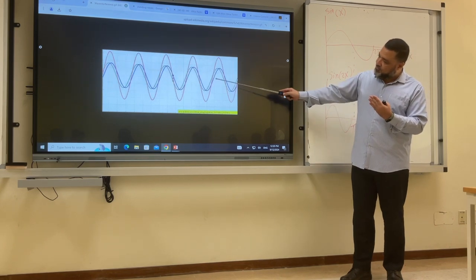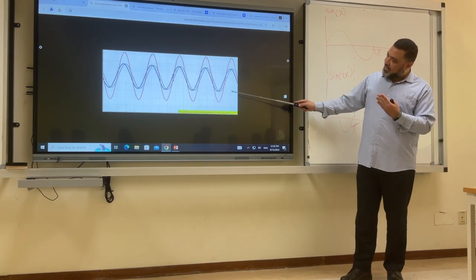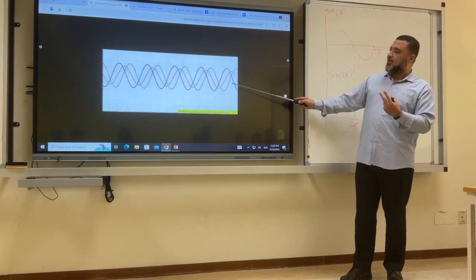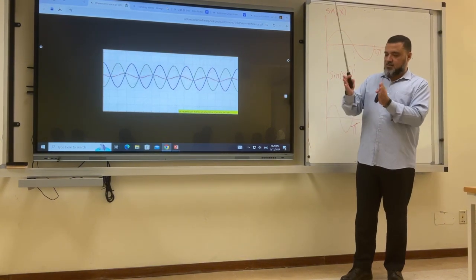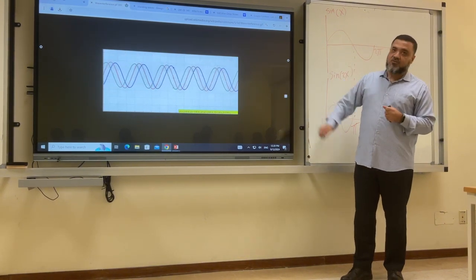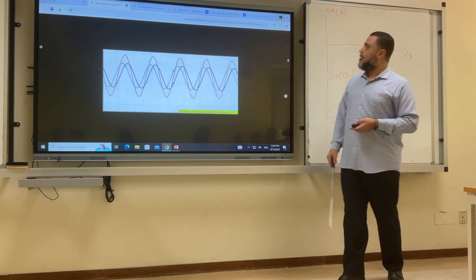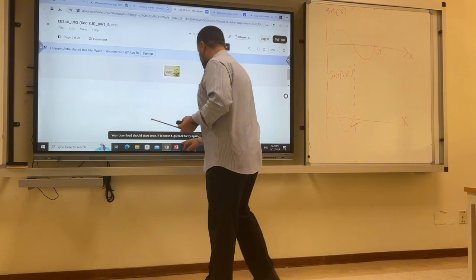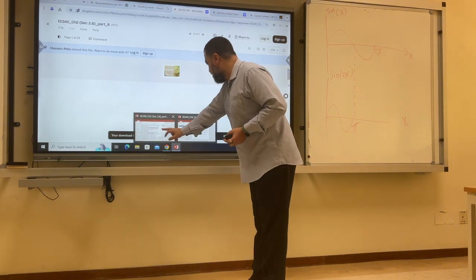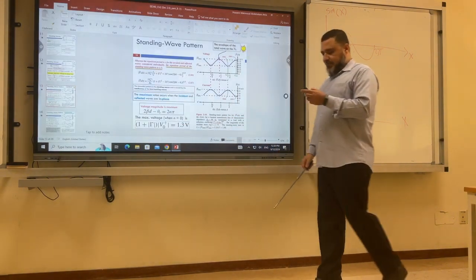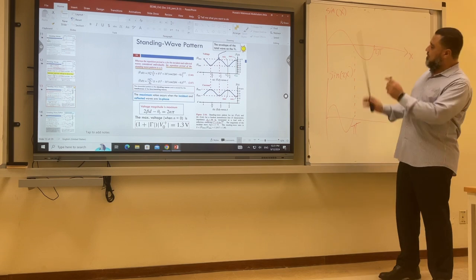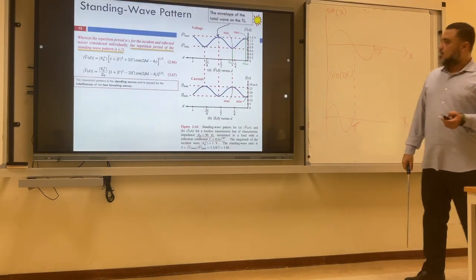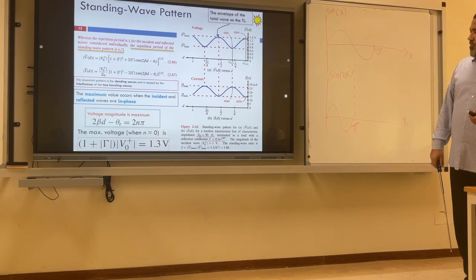For each 1 lambda of the traveling wave, you will have a node, then an anti-node, so it takes half the wavelength of the traveling wave. Think about it with some imagination. So the repetition period is lambda over 2, and we have seen there is a mathematical reason and a physical reason, as we have seen from the propagation.